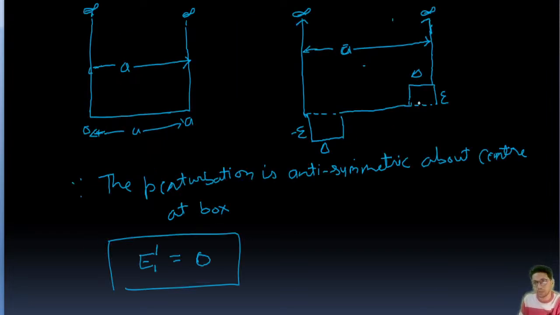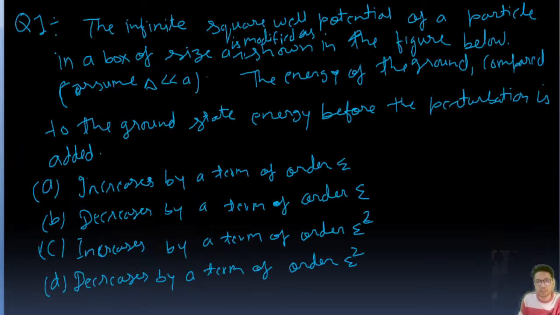This is the perturbation, right? This is sigma and this is sigma; these are equal in size, guys. So after perturbation, compared to the ground state energy before the perturbation was added, we find that the energy decreases by a term of order epsilon square.